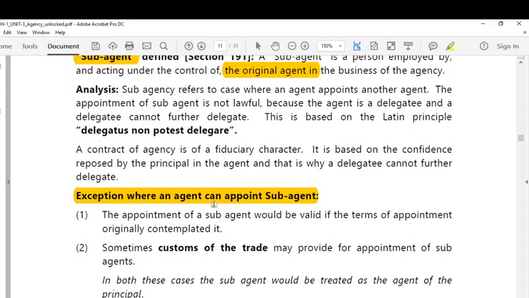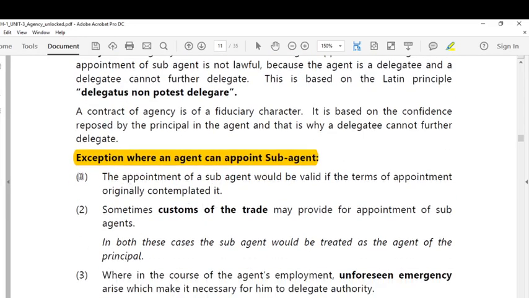And there are certain exceptions where an agent can appoint a subagent. The one exception is that the appointment of a subagent would be valid if the terms of appointment originally contemplated it. So if it was originally contemplated, in such a case a subagent can be appointed by the agent.